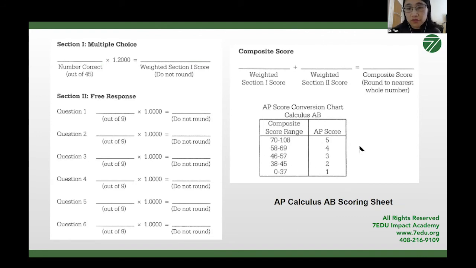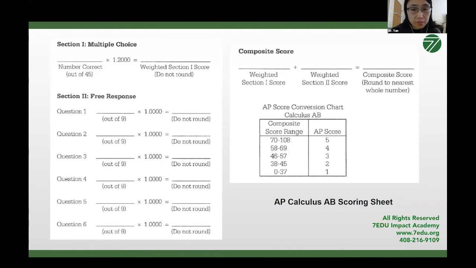But I think for most students, your goal is to get at least 4, so that you can submit your AP score while you're submitting a college application, hoping that a high AP score can help benefit your application, making you a stronger candidate in the eyes of the admission officer.